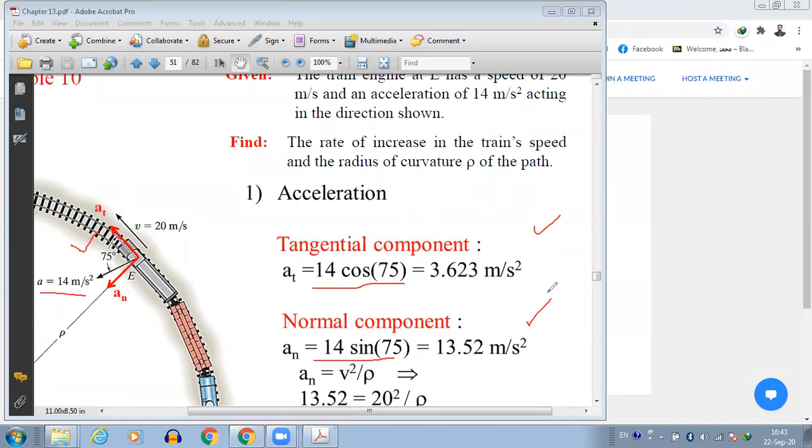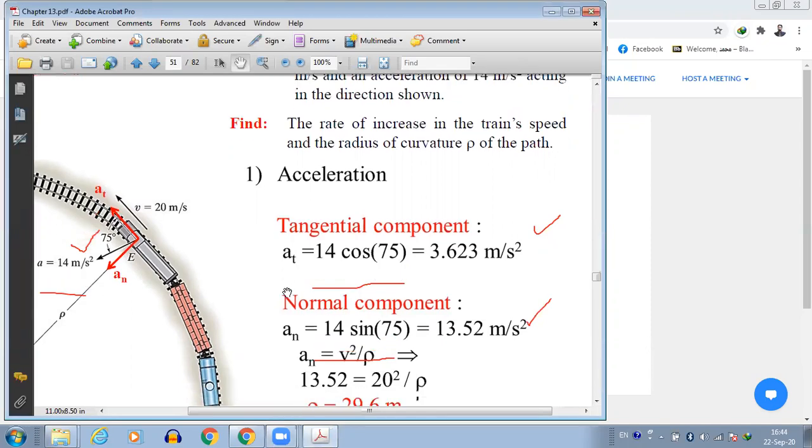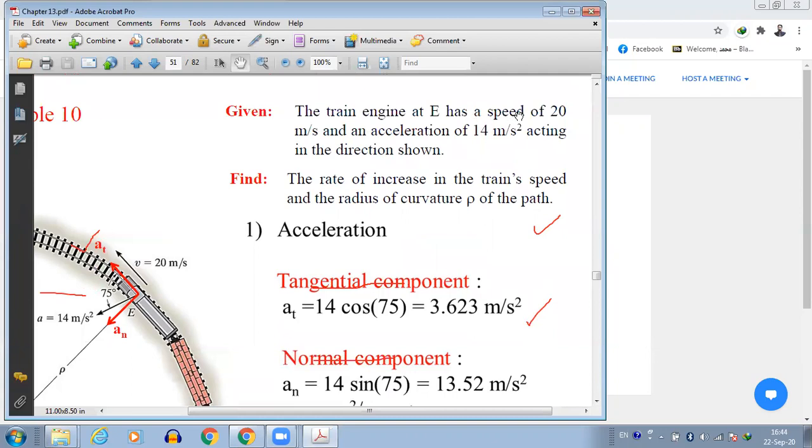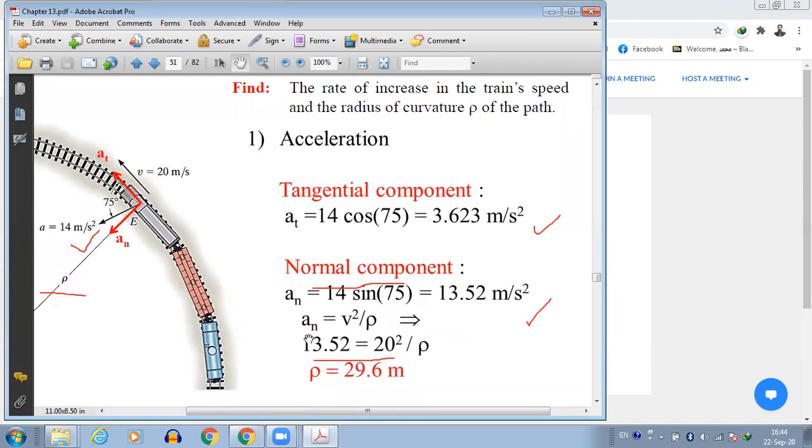If you know AN, you can find the radius of curvature because AN is V squared upon rho. You know the velocity because it was mentioned that the train has a speed of 20 meters per second at this point E. Now that you also know the normal acceleration, you can find the radius of curvature. The problem is solved here.